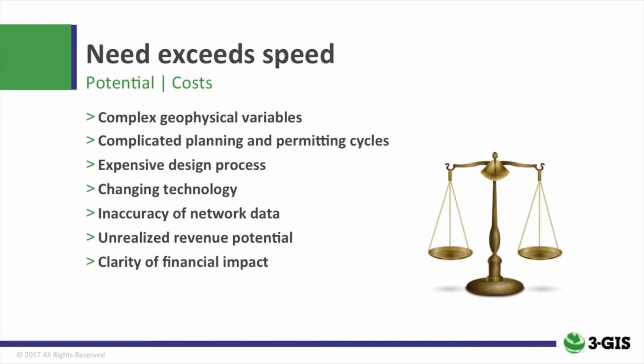Those processes can extend for years, all up front of the revenue. So it's easy to understand why engineering firms are very interested in how they can accelerate their path to earnings, because that's always the bottom line.